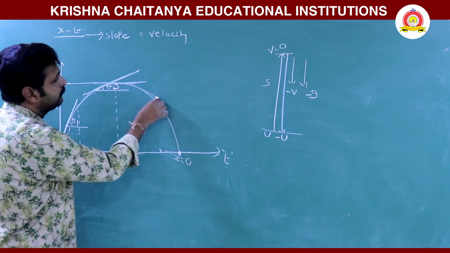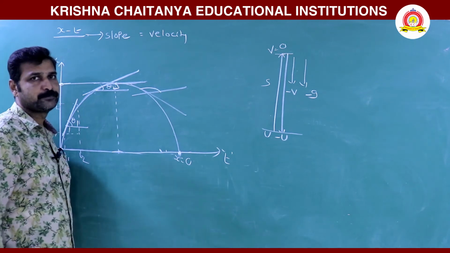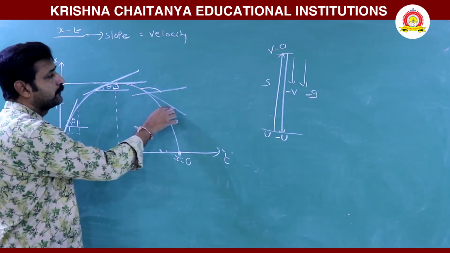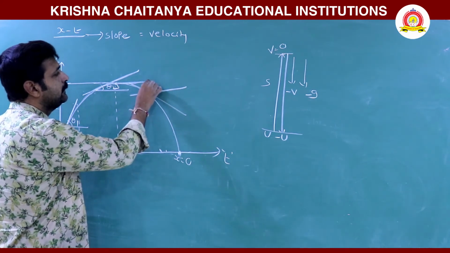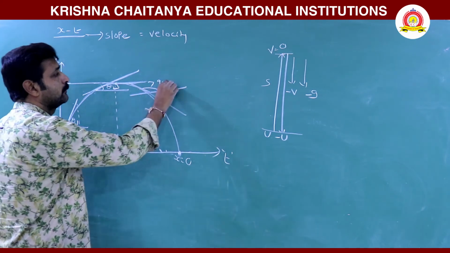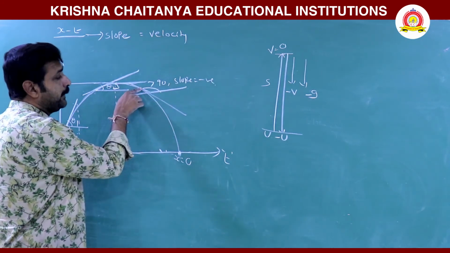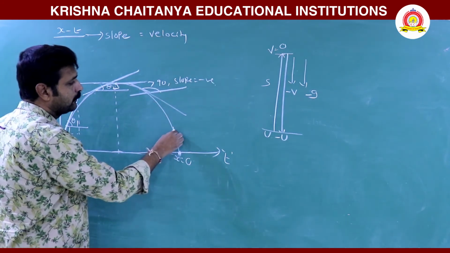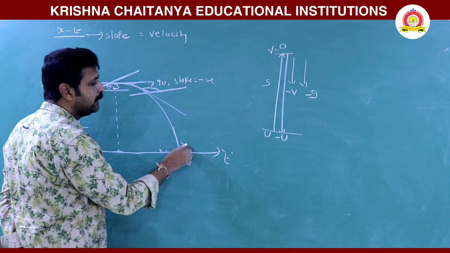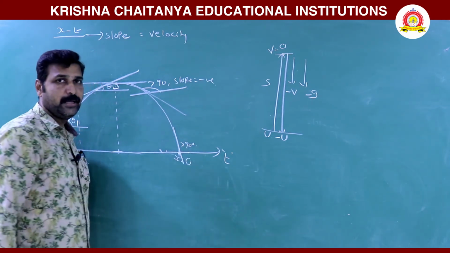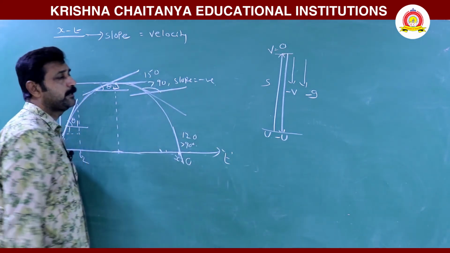Now if you draw a line here, this line makes an angle with the x-axis greater than 90, so slope is negative. What is slope? Velocity. Comparing with this slope, here it is a little more than 90. As we discussed in the earlier case, let it be 120 and let this be some 150.